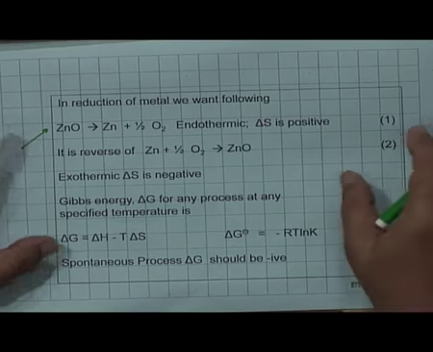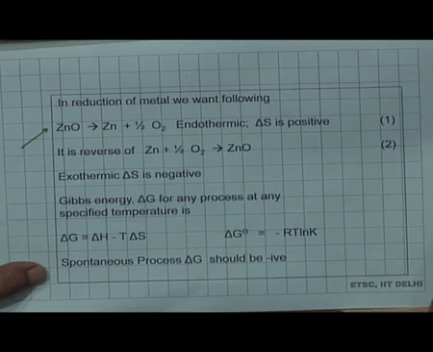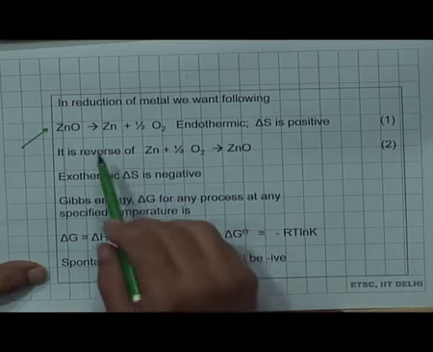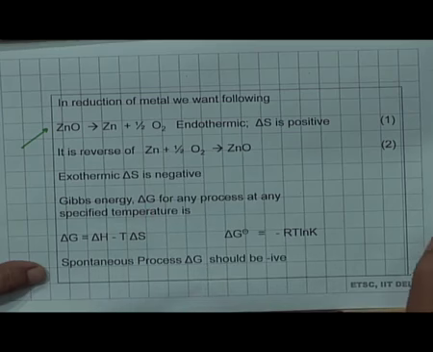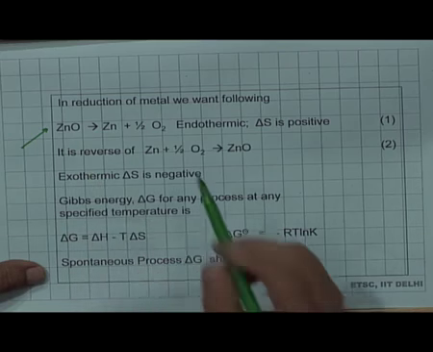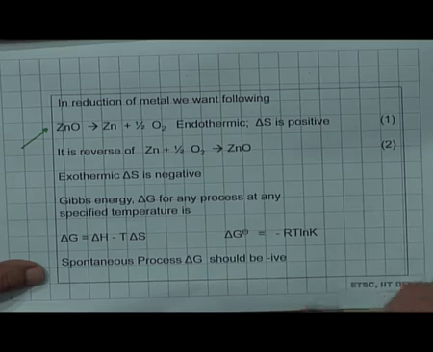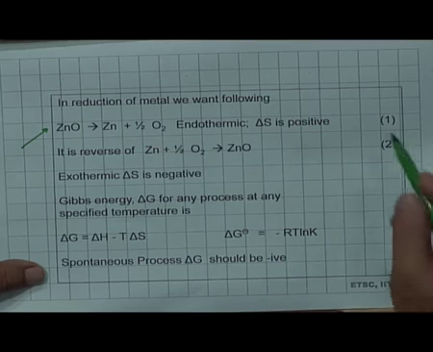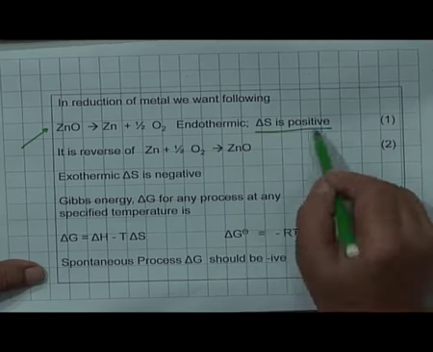Now, as such, if you heat the oxide, the formation of metal is an endothermic process, and the change in entropy for this reaction is positive. Why? Zinc oxide is solid, zinc is solid, but oxygen is produced, and as a result the randomness of the system is increasing. So, delta S is positive.